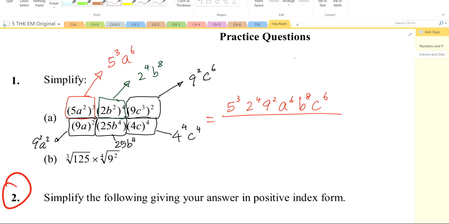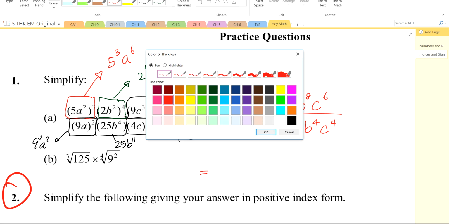In the denominator, I've got 25. I've got 9 squared. Okay, we put brackets over here. 25, we've got 9 squared, and we've got 4 squared. Then we've got a squared, b4, and c power 4. A lot of time to cancel.